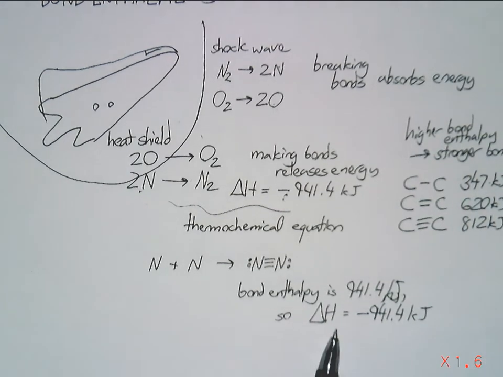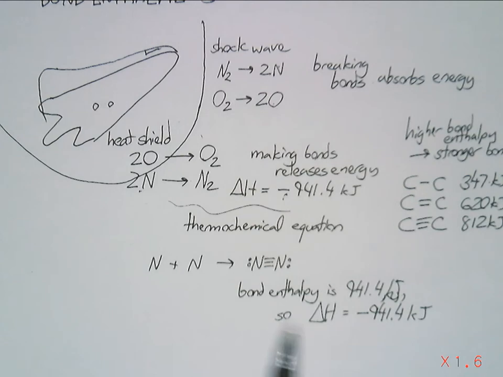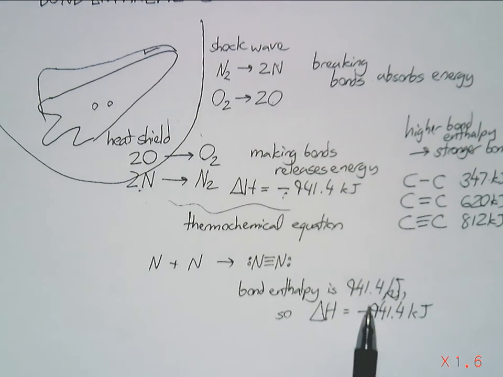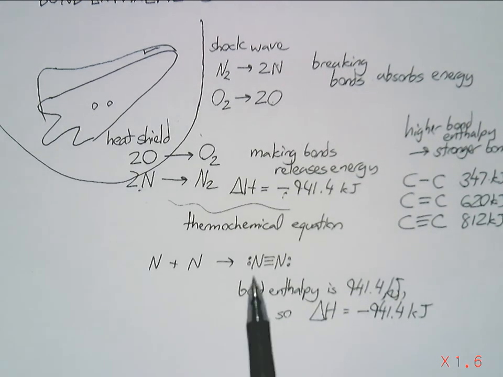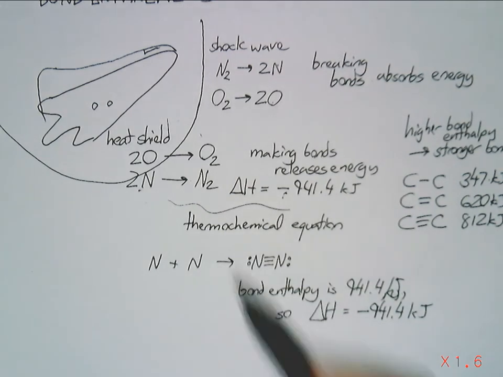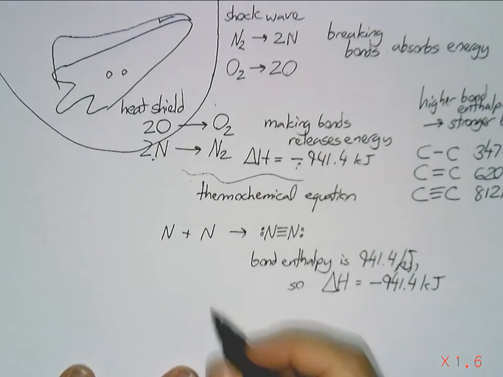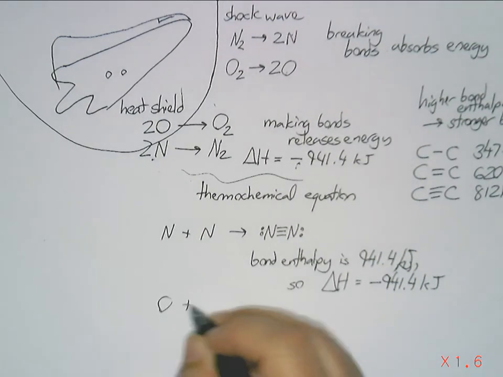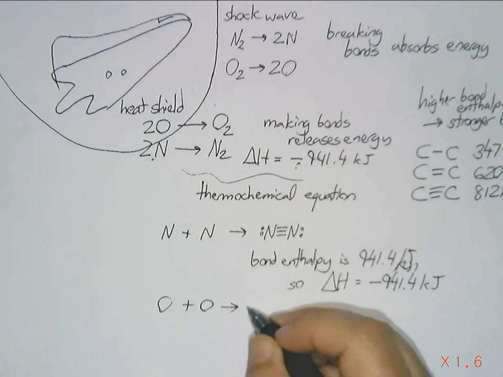Now I can relate the reaction enthalpy, the delta H, to the bond enthalpies. I can look at what bonds are being broken and what bonds are being formed to figure it out. For example, with this one, I've got O plus O. There's no bonds there, but it's forming O2.